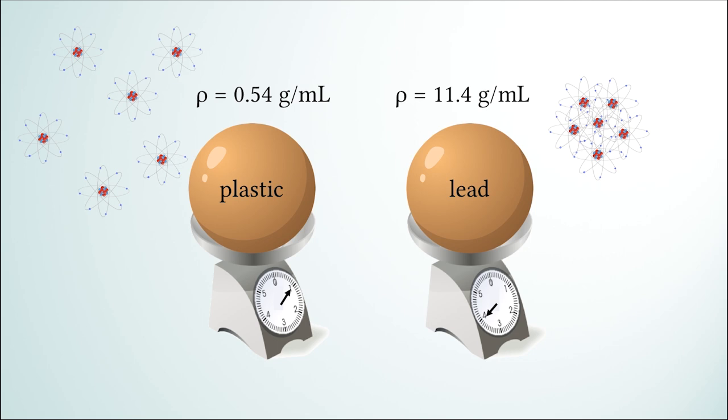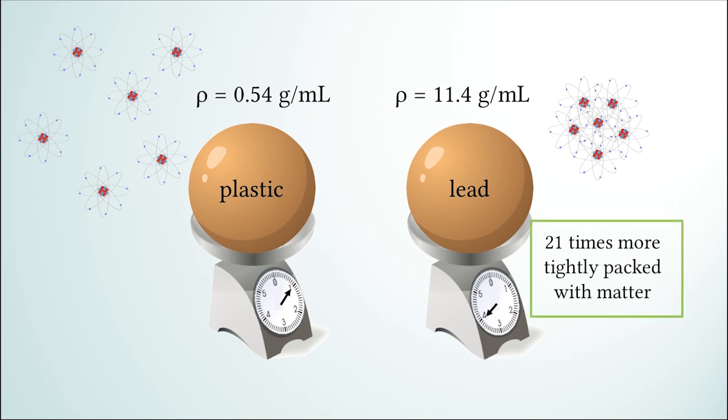We know this because 11.4 divided by 0.54 equals 21. So the matter inside the lead ball is packed 21 times tighter than the matter in the plastic ball. Every material in creation has a specific density, and this helps us to identify an unknown substance.